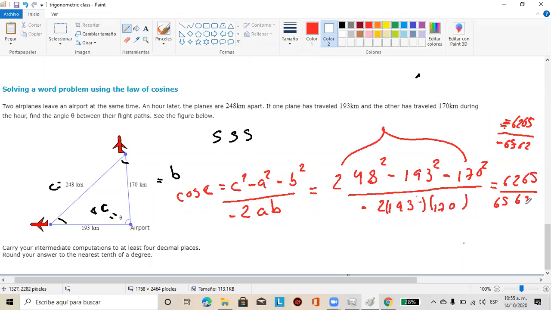How much did it give you for the part above? Wait, let me do it again. The part above gave me minus 4,645.